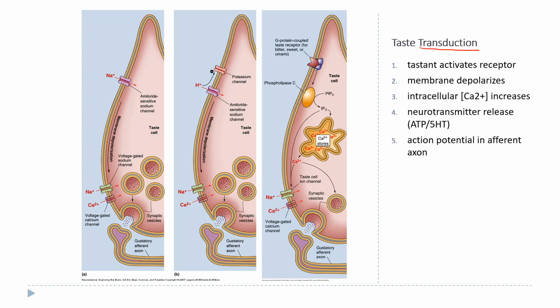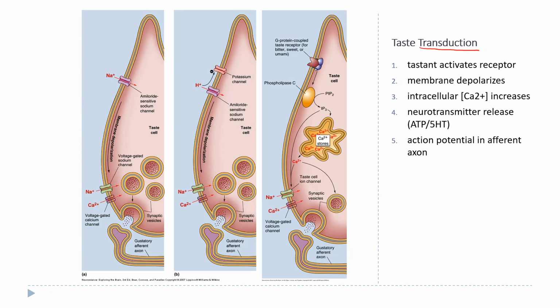And then releasing calcium into the cell does kind of the same thing it does in neurons. So if you're at a presynaptic terminal, you should remember that the thing that triggers neurotransmitter release in a neuron is an influx of calcium ions. And so that's what happens at these taste receptors too. Calcium comes in, and that actually triggers the release of neurotransmitter from these cells.